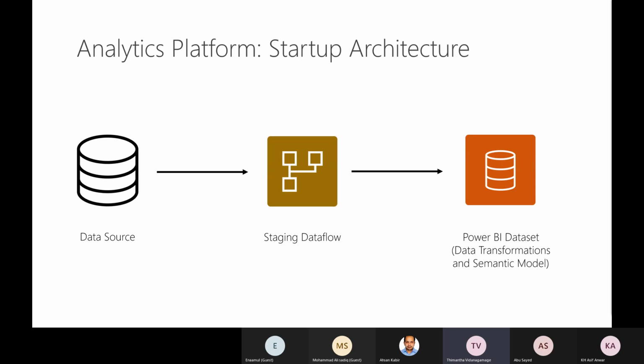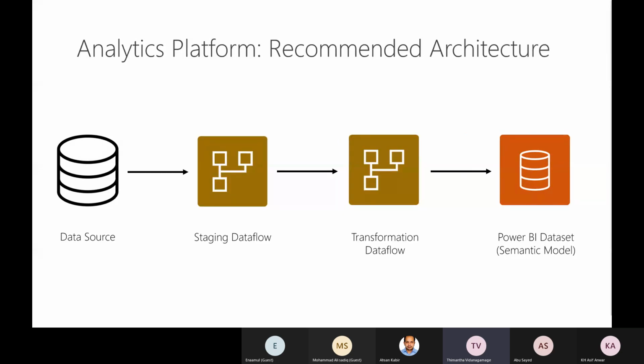And so we have the staging data flow, which, as I told you previously, stages the data as is from the database. Afterwards, we have the Power BI dataset. The Power BI dataset does the transformations also. The transformations are not handled in a separate data flow, as shown in the recommended architecture.